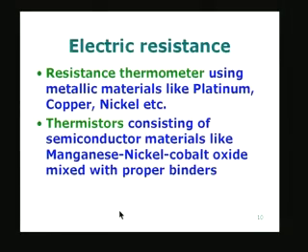The next one is the use of electrical resistance as the thermometric property. There are 2 types of electrical resistance thermometers. The number 1 is the resistance thermometer, which uses materials like platinum, copper, nickel, etc. If you take an element of copper or platinum in the form of a coil, and change the temperature of the coil by subjecting it to an environment of whatever temperature we want to measure, the resistance changes with temperature.